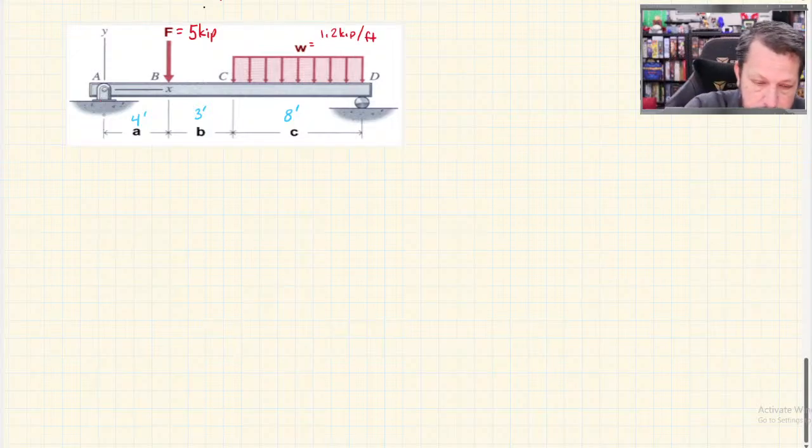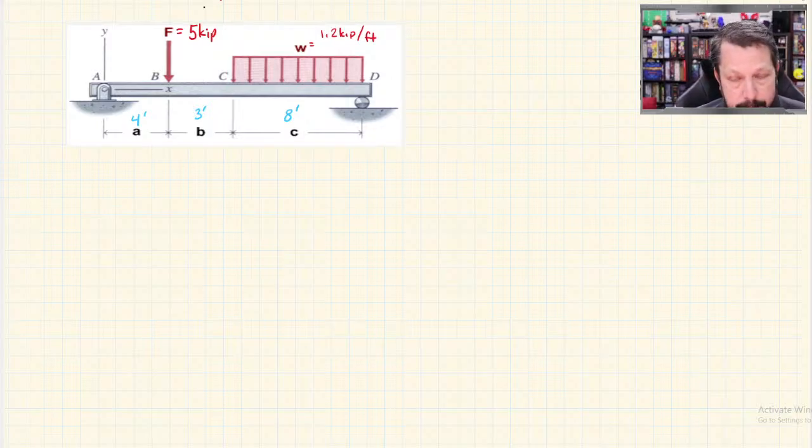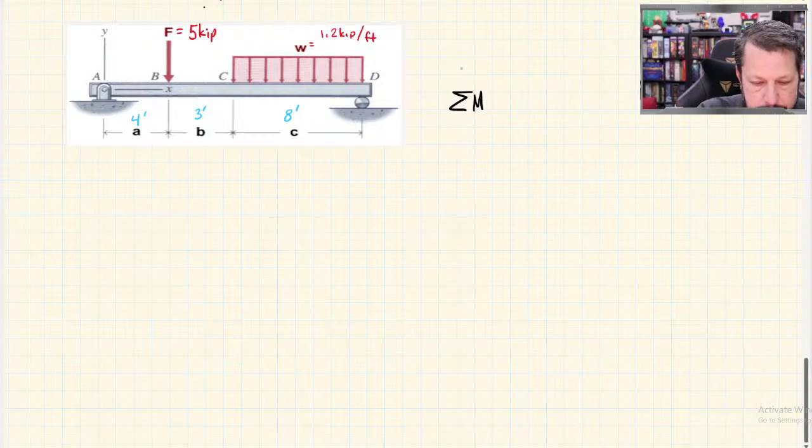All right. So summation of moments about the pin is what I normally do, and the pin is labeled A in this case. So I've got my 5 kips times a moment arm of 4 feet.